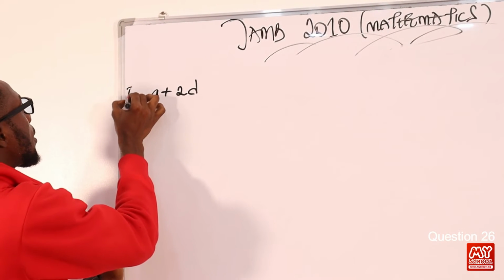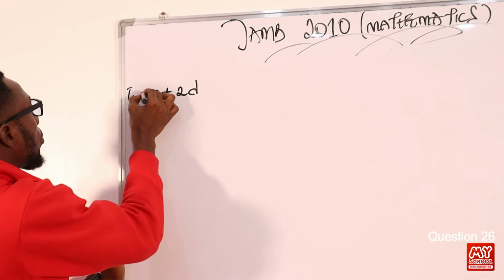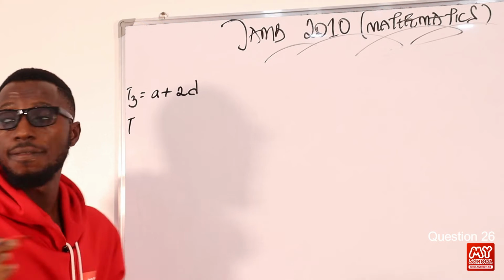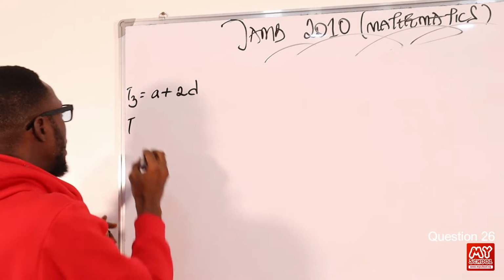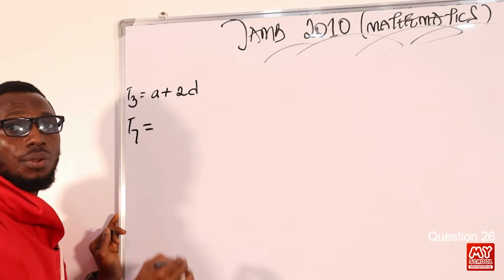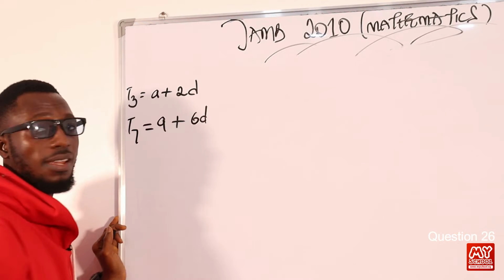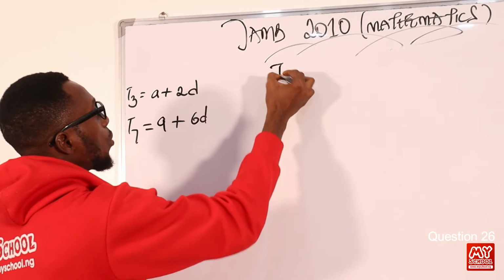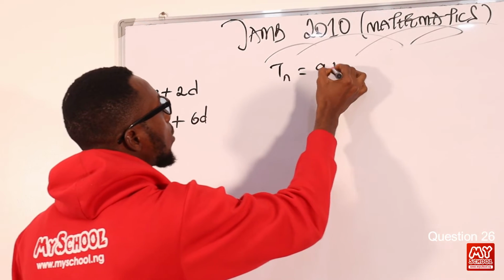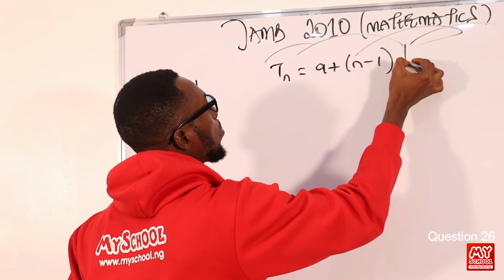Right, so the third term equals this. Then we now have the 7th term, that is T7, equals A plus 6D. Okay, that is from this equation, Tn equals A plus (n minus 1) into bracket D.